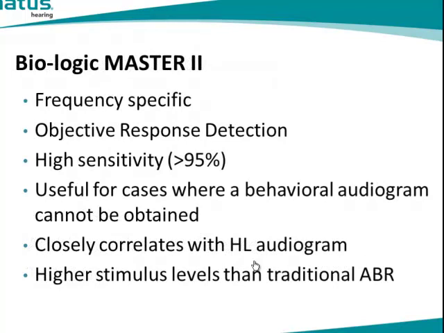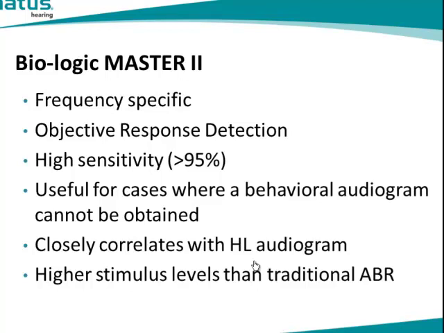In summary, the Biologic Master 2 system is very frequency specific, using objective response detection with high sensitivity, greater than 95%. It's useful for cases where a reliable behavioral audiogram cannot be obtained, and the ASSR thresholds closely correlate with the behavioral audiogram results that may be obtained later.